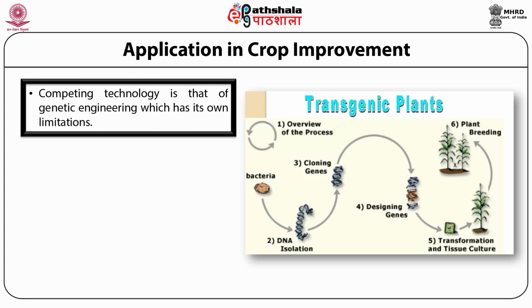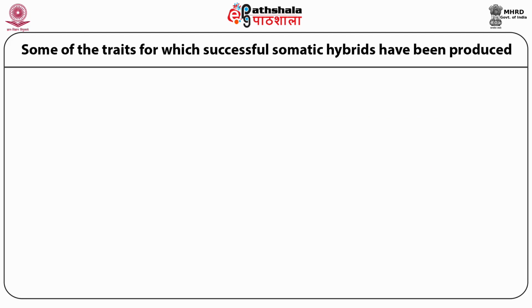You must be hearing a lot of controversy going on about the release of GM mustard, GM eggplant in the past, but we are not sure when they will actually be released. But in case of somatic hybridization, there are no such questions asked, and the hybrids can actually be released into the environment.